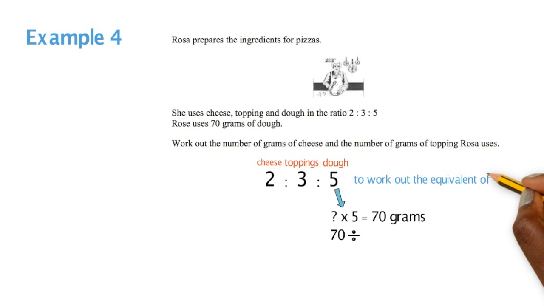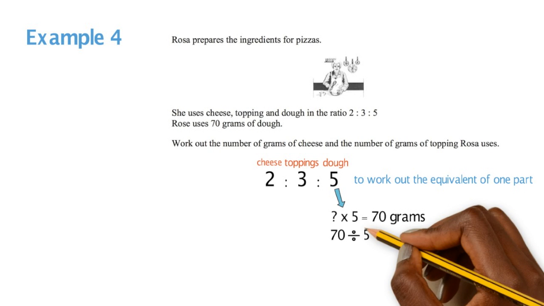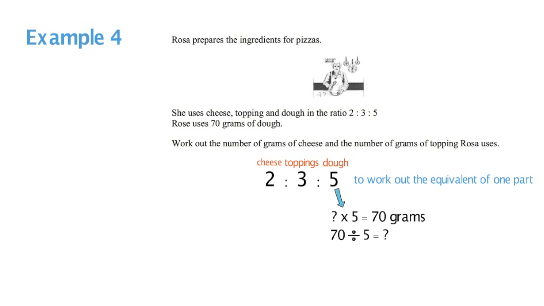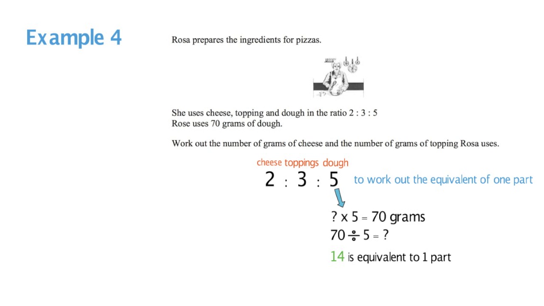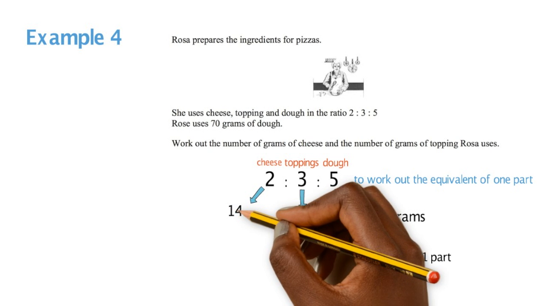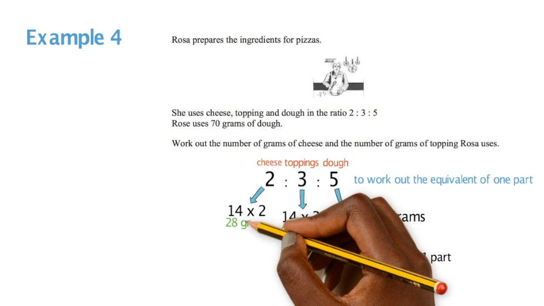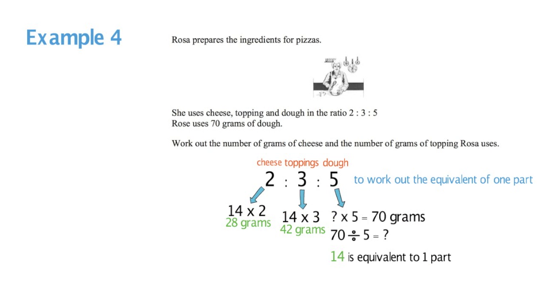So you do 70 divided by 5. By doing this, we work out what the equivalent of 1 part is, which is going to be 14 in this case. And therefore, because 14 is equivalent to 1 part, we're going to do 2 times 14, and we're going to do 3 times 14 in order to work out the mass in grams of cheese and toppings. So that gives us an answer of 28 grams and 42 grams.